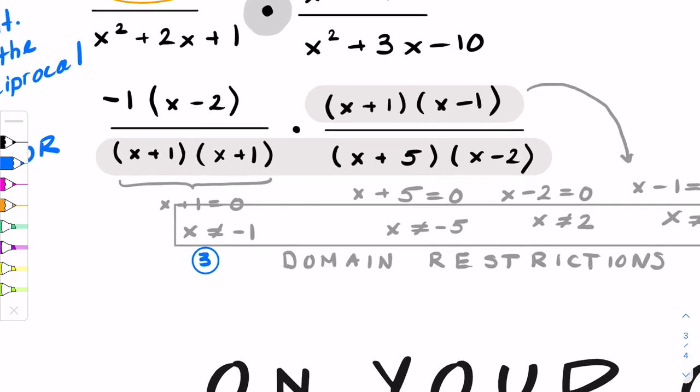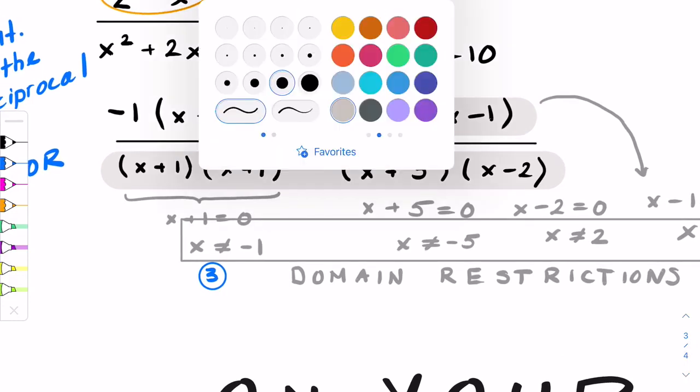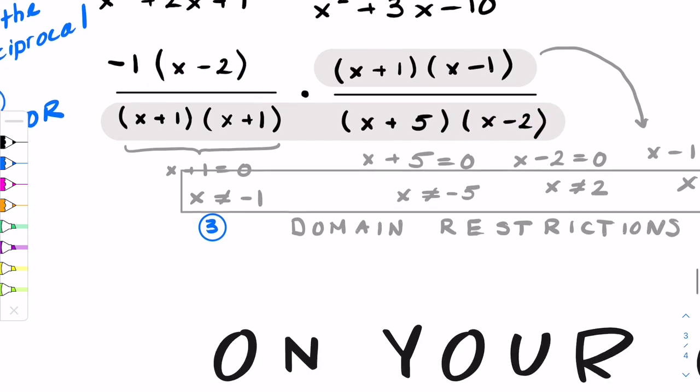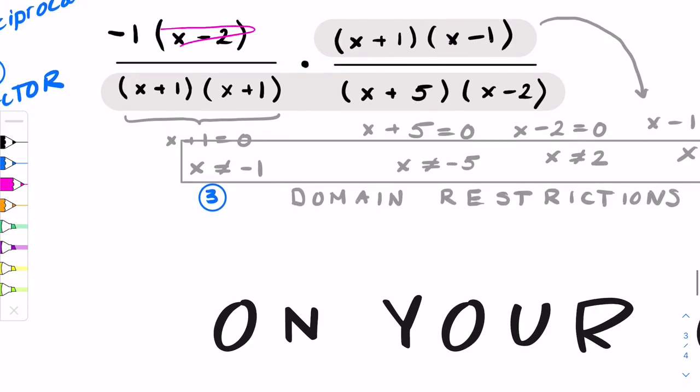And now I can go ahead and eliminate any common factors. I see that I have a common factor of x minus 2. I can eliminate that factor. I see that I have a common factor of x plus 1. I can eliminate one of those. Make sure you only do one numerator to one denominator.